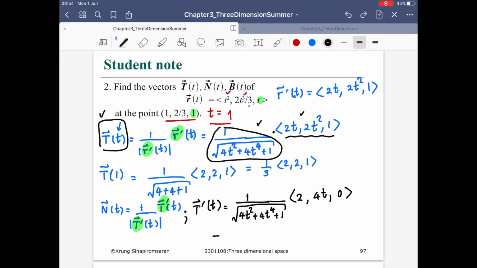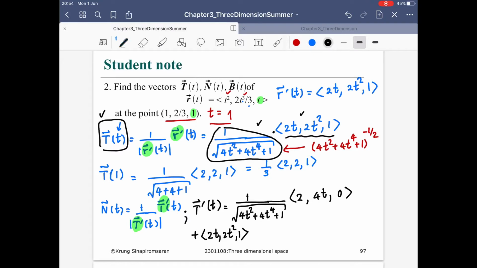and the derivative of the first. So let me just do it over here. The second, which is 2t, 2t squared, and 1. The derivative of the first one, you look at it as 4t squared, 4t fourth, and 1 raised to the power 1/2.